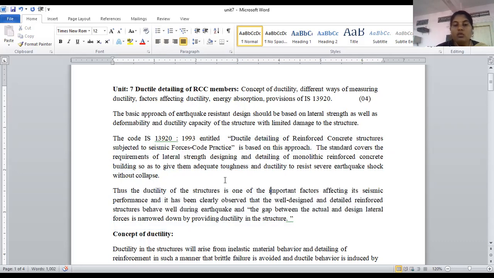That's why we go for IS 13920 1993, for achieving the ductile detailing of each and every RCC member of the building, to resist the collapse of the building when different earthquake loads, dynamic loads, come on the building.